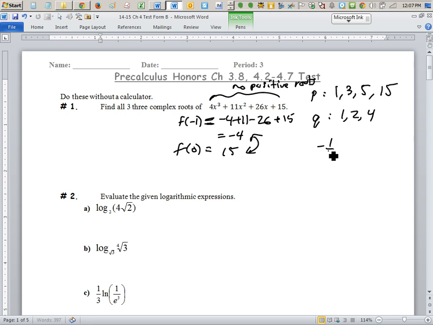I can try -1/2, -1/4, -3/4. That's pretty much it. -1/2, -1/4, and -3/4. These are the only options I have that live between -1 and 0.